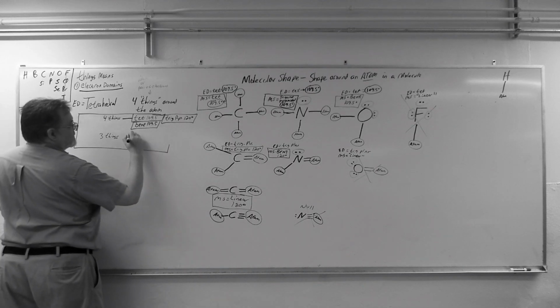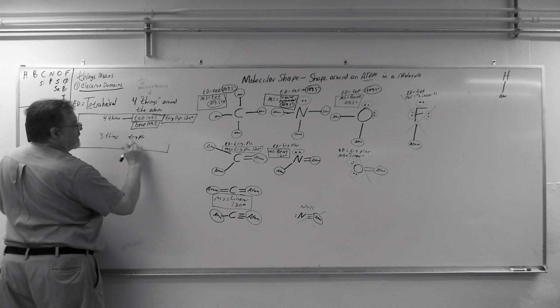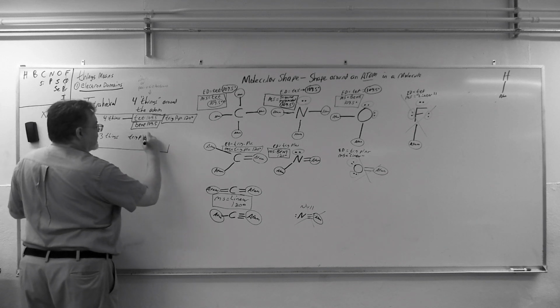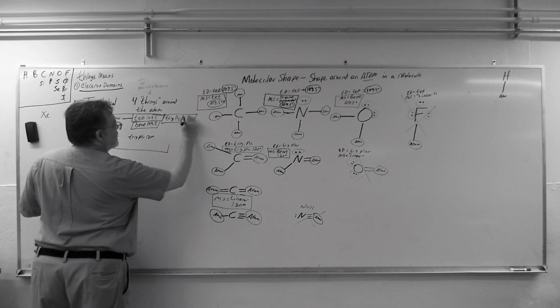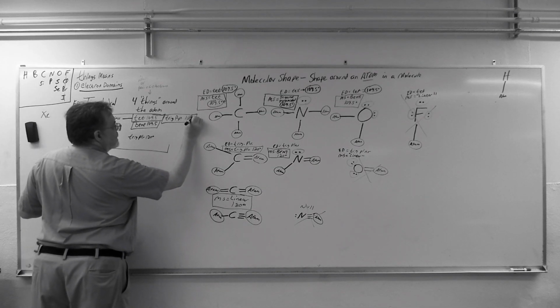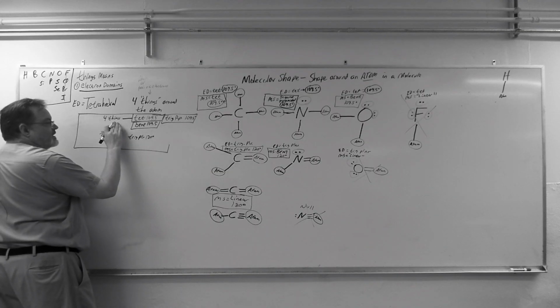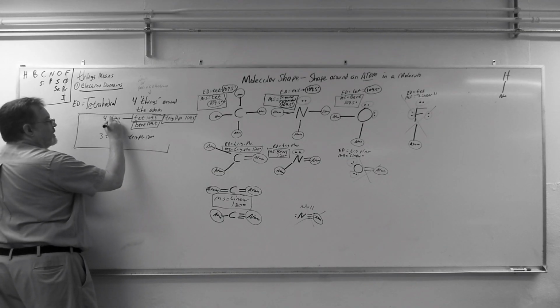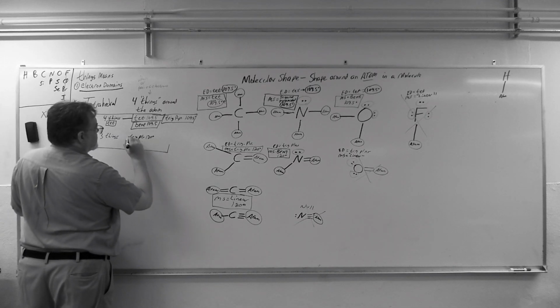And then 3 things, you've got trigonal planar, 120. Sorry. These are all 109.5 degrees because they're all tetrahedral at their base level. 3 things, these will all be 120 degrees.